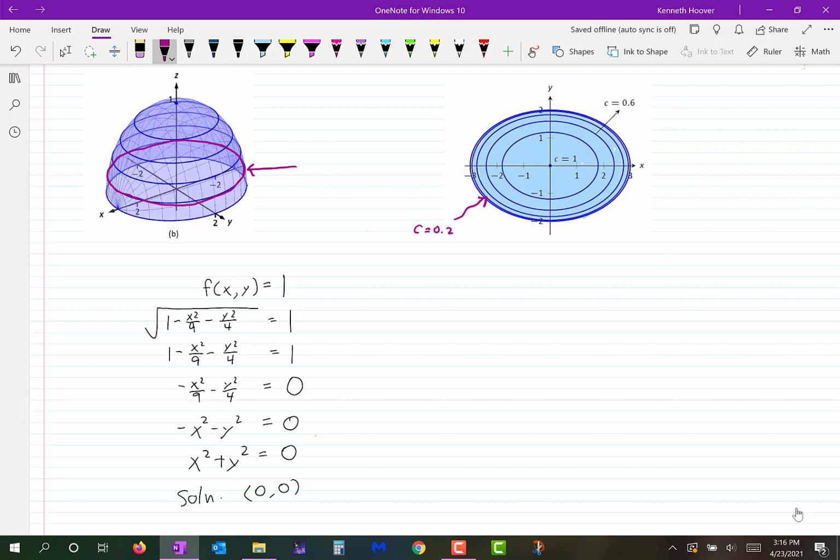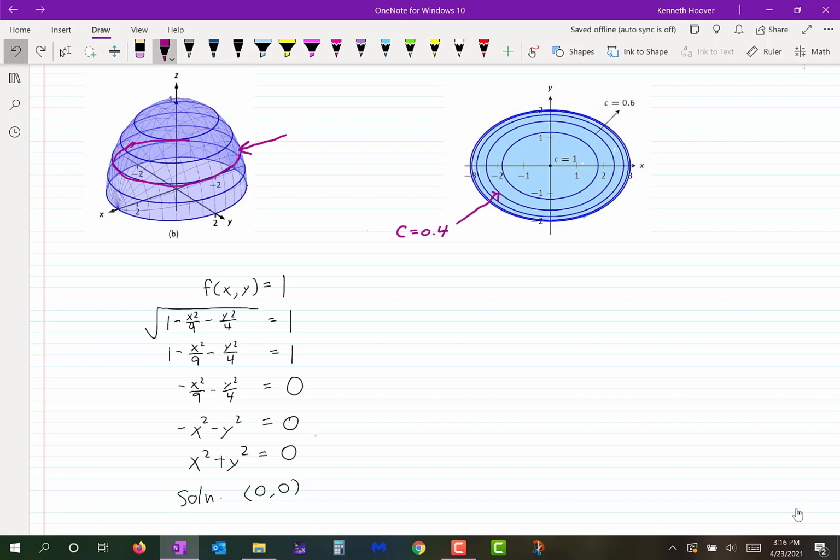The third one in there, they haven't said, but I bet that's probably c equals 0.4, and that corresponds to that ellipse on the graph, all at a height of 0.4.